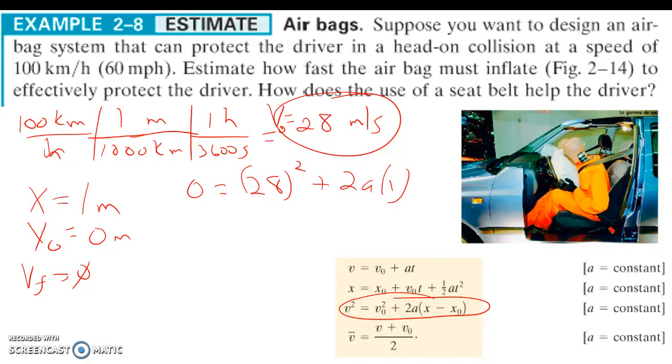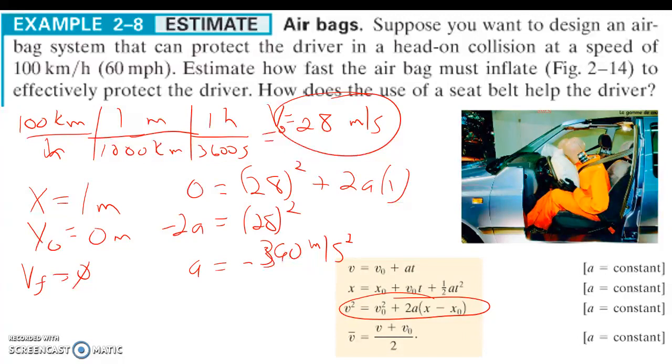Because we're going to crumple up at 1. So we're going to use some algebra here. We're going to go minus 2a is equal to 28 squared. Okay, and our acceleration is going to end up being negative. And when we do the math, we're going to get negative 390 meters per second squared. So that's the acceleration for that to happen.